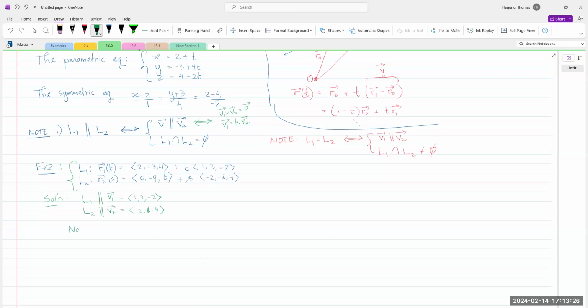Note that v1 is parallel to v2 because v1 is -1/2 of v2. The ratio is -1/2 for all three components, not only two of them, not only one of them. So once you can tell that one vector is a multiple of another vector, then these two vectors are parallel. Therefore, line 1 is parallel to line 2.